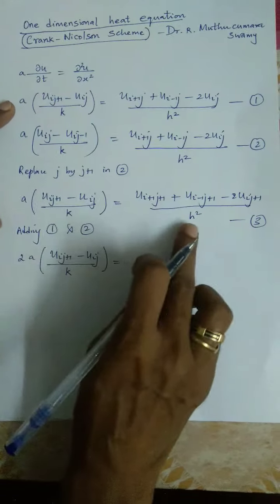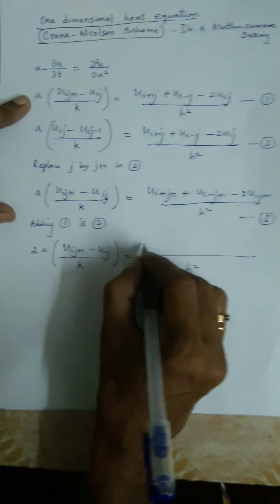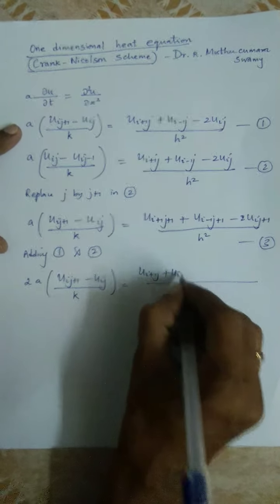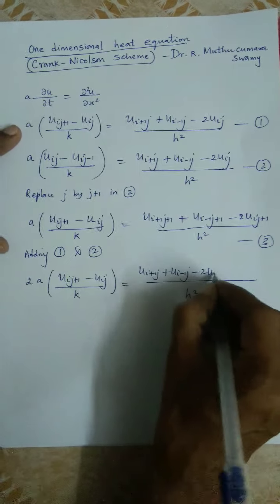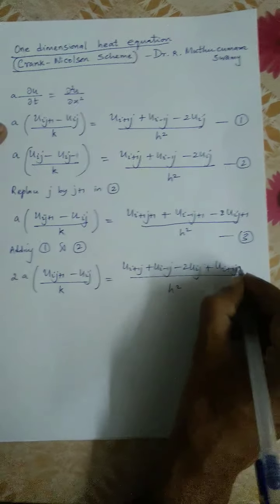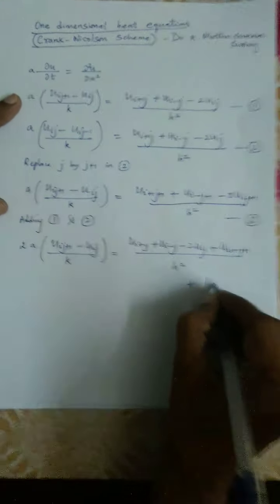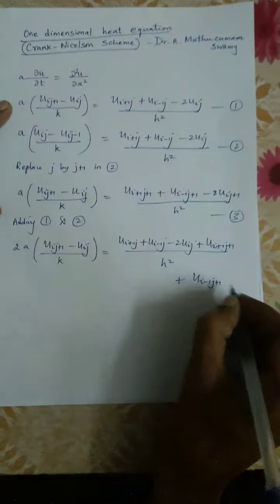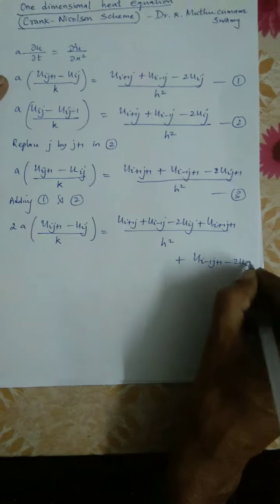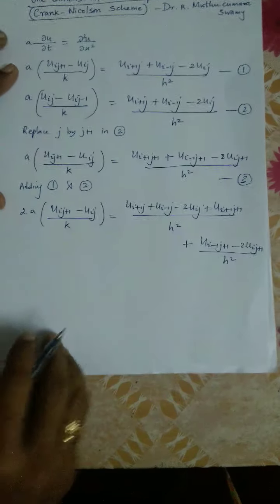On the right hand side my denominators are identical, so I'll take h² of U_i+1,j + U_i−1,j − 2U_ij + U_i+1,j+1 + U_i−1,j+1 − 2U_i,j+1. Of course here also h².